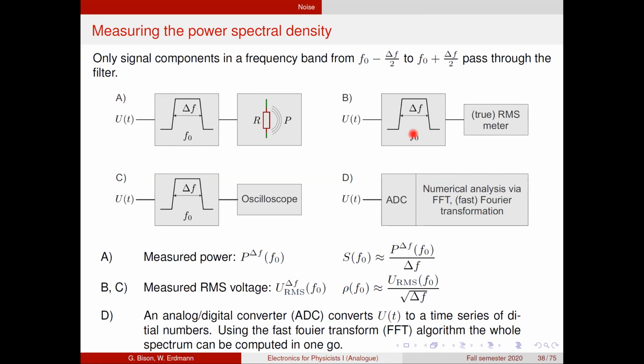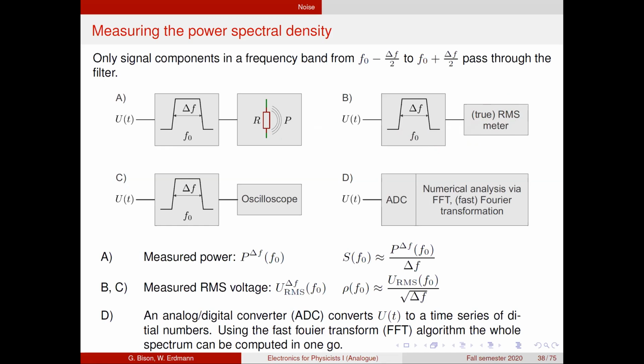More common, of course, is to use an RMS meter. It's a special type of voltmeter. It often reads true RMS on the label. You can simply supply a time varying voltage and it will give you the RMS value.